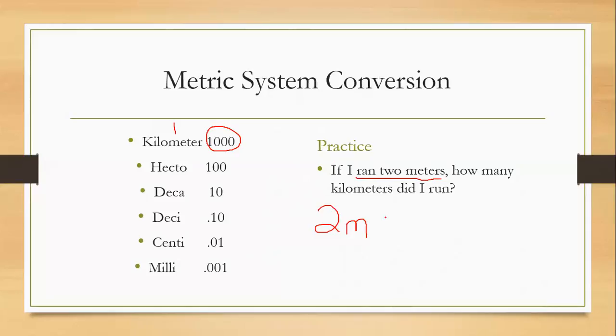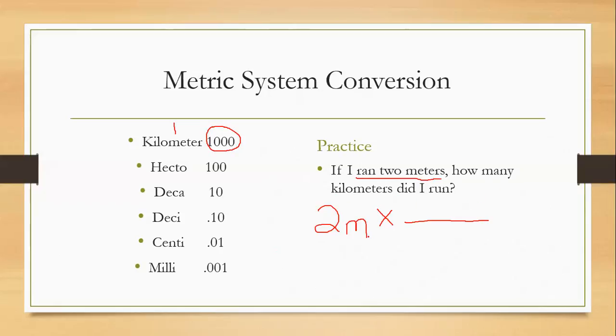So we're going to set this up like a multiplication problem. You are going to do 2 meters times, we're going to be doing multiplication, like I said. I'm drawing a line. 2 meters times. Now, before I write this, looking at this problem, we're looking for kilometers.